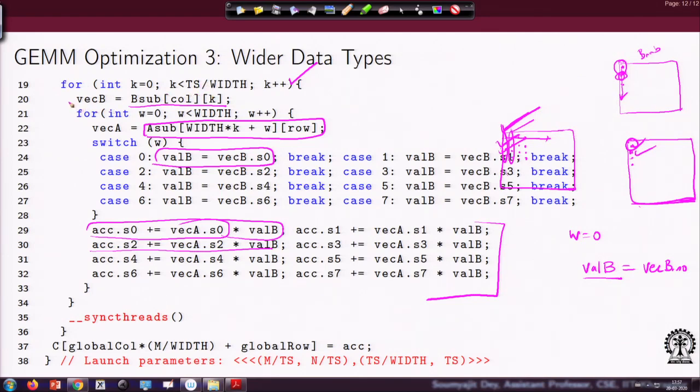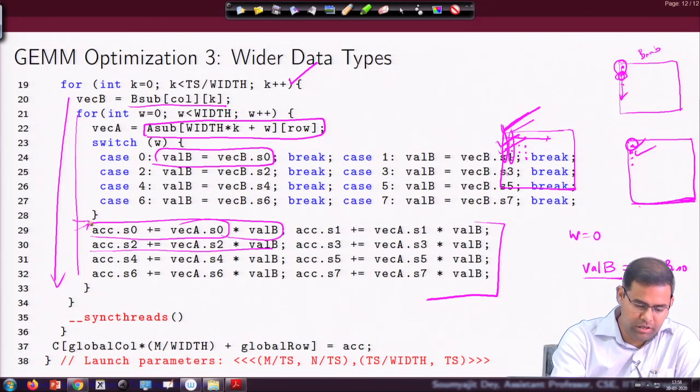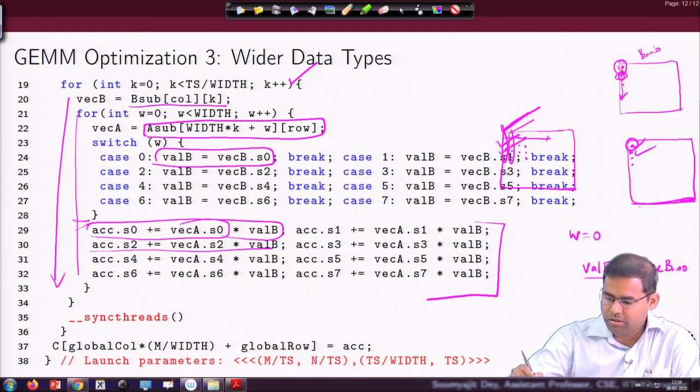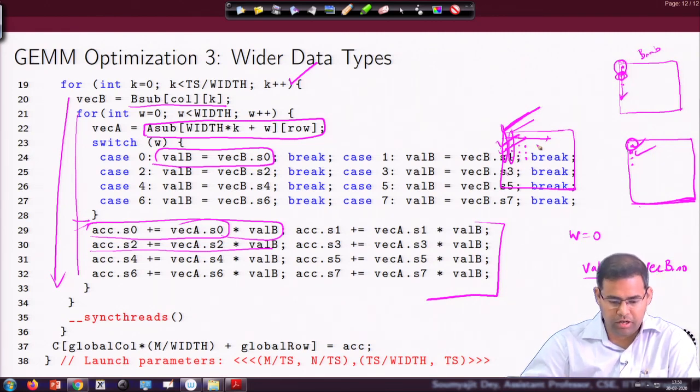As long as I am inside this inner loop, I have this vec b. So once I load it, for each of the components I am just figuring out which component to multiply with the different components of vk, and I am just using it.